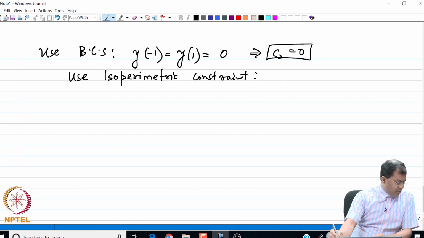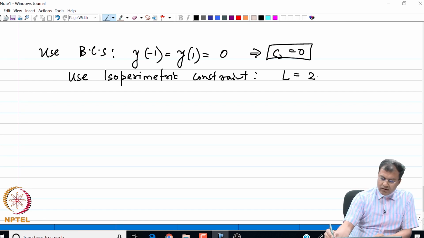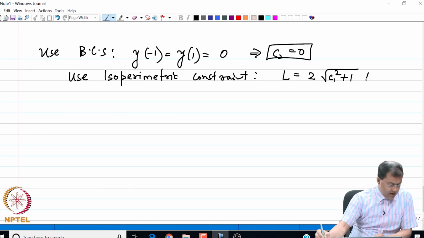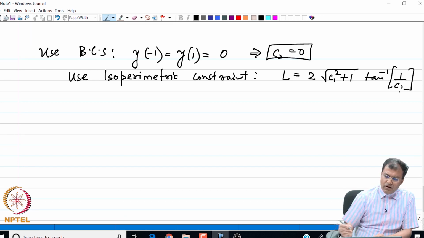So, if we use our isoperimetric constraint, L is given by, just plug the solution y as a function of x into the integral, and L comes out to be 2 times square root of C1 square plus 1 times tan inverse of 1 by C1.